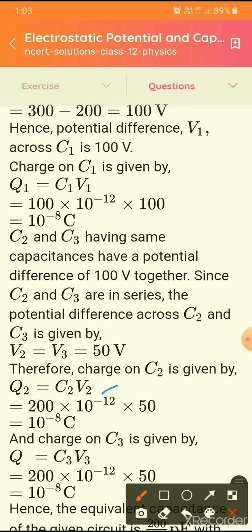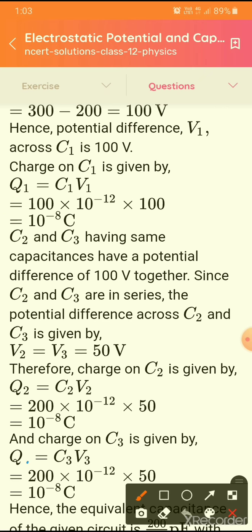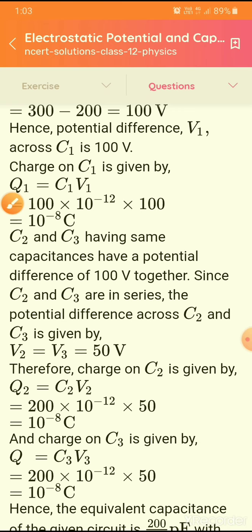If we simplify, you will get 10 to the power of minus 8 coulomb. And the charge on C3 is Q3 is equal to C3 into V3, which is 200 into 10 to the power of minus 12 into 50. So it will give you 10 to the power of minus 8 coulomb.